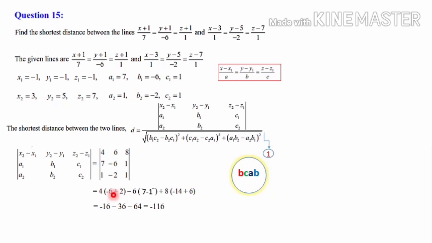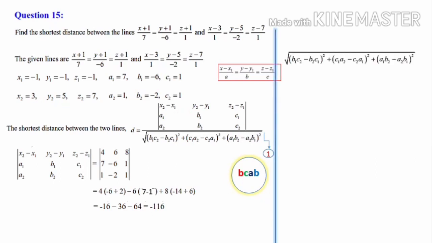That is, here minus 4 into 4 is minus 16. Here 6 into 6 is 36. There is a minus sign outside. Here again minus 14 plus 6, that we will get 8. 8 into 8, minus 8 into 8, is minus 64. So when you add it together, we will get minus 116. That is the numerator value.